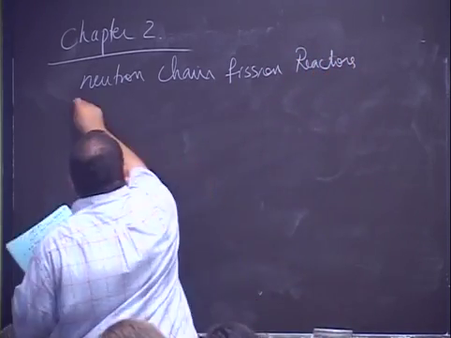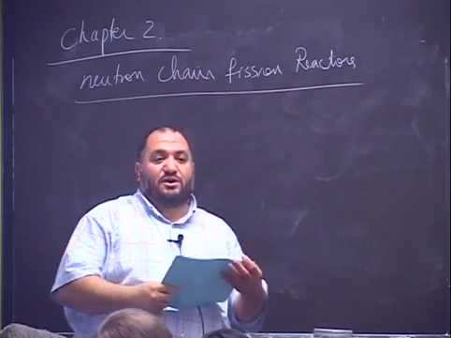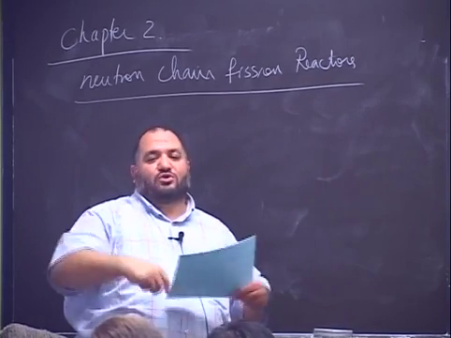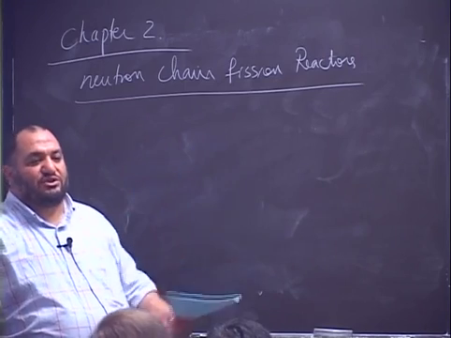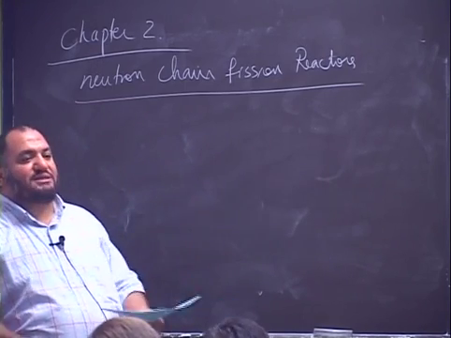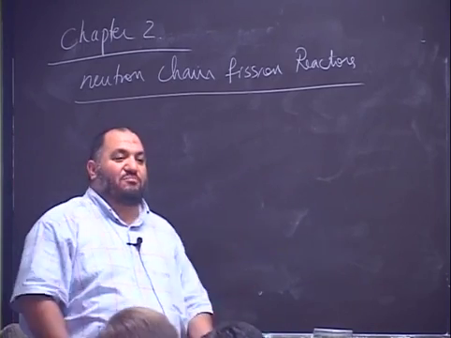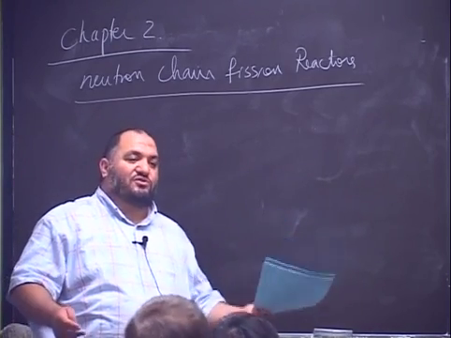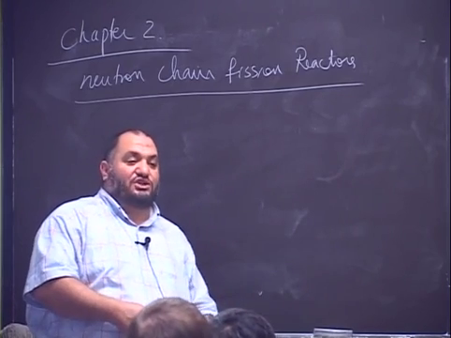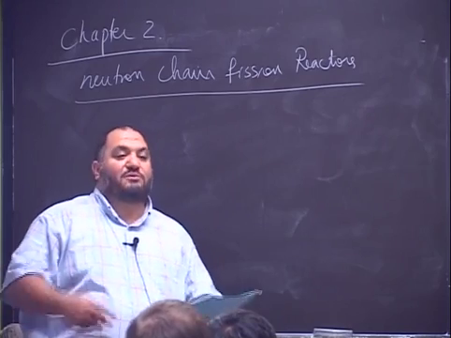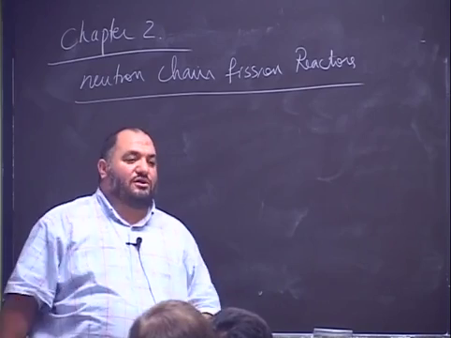So again, the main purpose of chapter number 1 was to show you or define the cross sections, what types of interaction we have, what the energy loss per collision is in scattering collisions, how to calculate the average energy lost, how to calculate the number of collisions needed to reach a certain energy, and what the probability is that the neutron getting into a collision with energy E will get out with energy E prime, and so on.